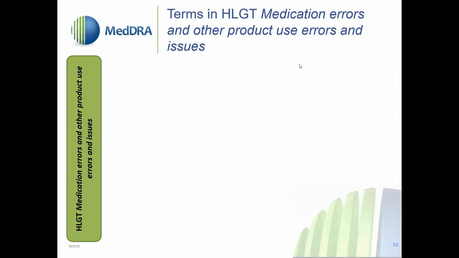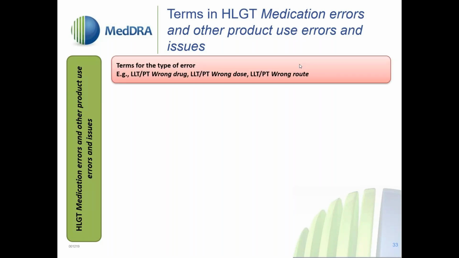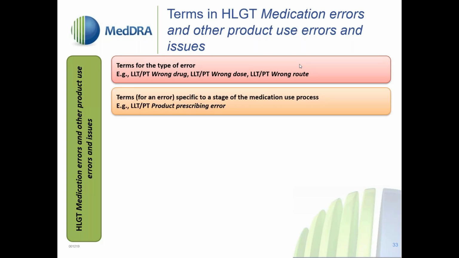Now, what kind of terms can we find under an HLGT medication errors and other product use errors and problems? We can find PTs for certain types of errors, such as wrong dose, wrong drug, wrong route, and terms that link an error to a stage in the medication use process, such as the prescribing stage here.